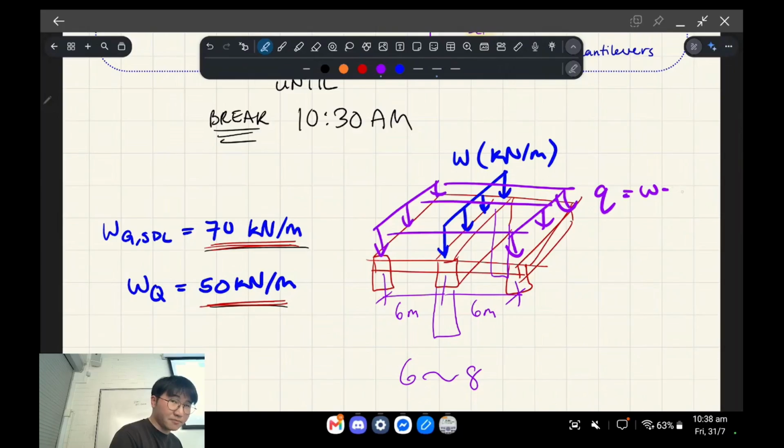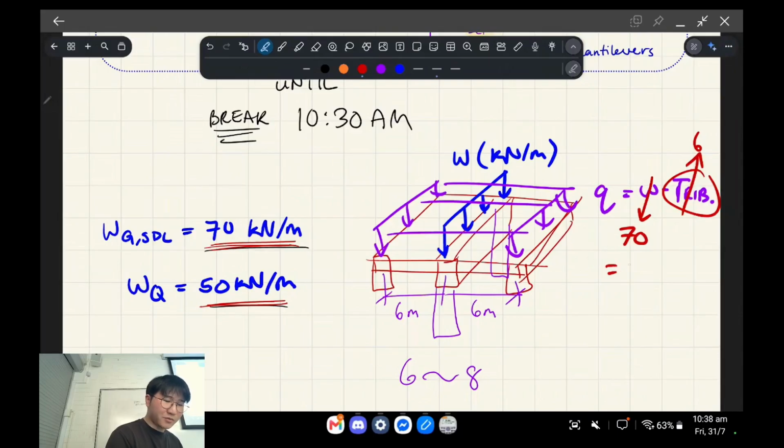Let's call that tributary width, let's just call it trib. Tributary width was about 6. And the value that we got in the end was like 70 or 50 or whatever. Let's just do 70 for the moment.